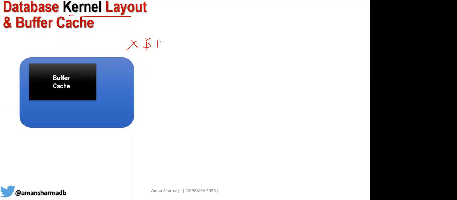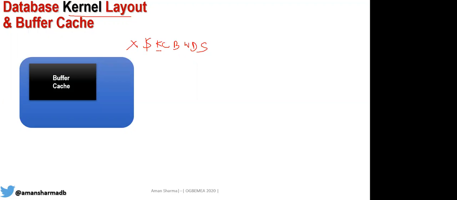So, for example, there is a table that I'm mentioning here, KCBWDS. Now, this table does not really make much sense right now because it is actually an acronym. But if we do know what this table is actually linked to in terms of the kernel layers, then it will make much more sense.